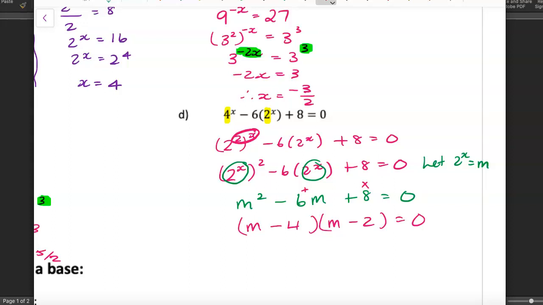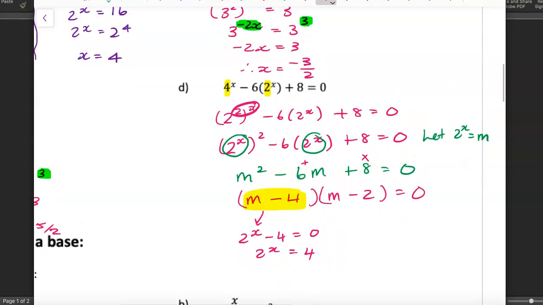So now I've got some solutions. So let's go back to this first one that I can create a solution. Let's replace the m back with 2 to the power of x. So my first option for a solution is 2 to the power of x take 4 equals 0, which means 2 to the power of x equals 4. Now I know that 2 to the power of x is the same as 2 squared, so x could be 2.